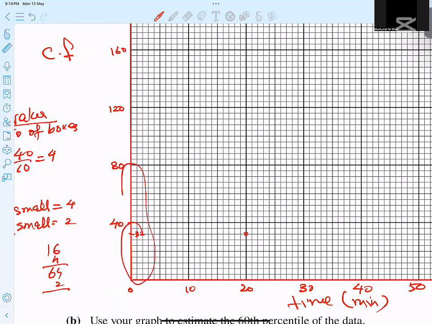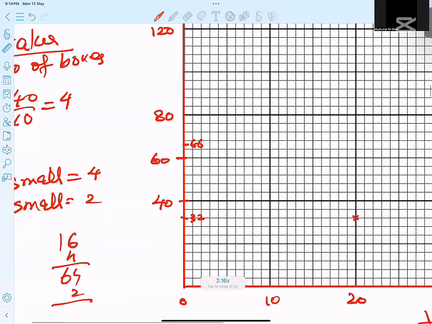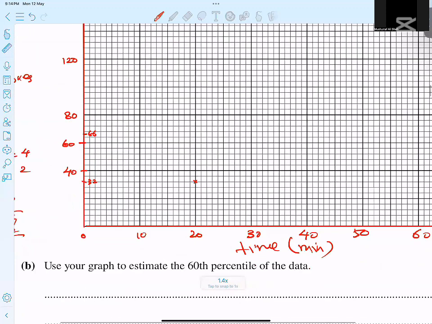This is 60, so naturally the next is 64, 68. But I'm looking for 66, so this is 64 and this is 66. I believe you all understand. Be careful: this point comes from here and 30 comes from here, and we get this point. Let me recheck 64. Yes, correct.